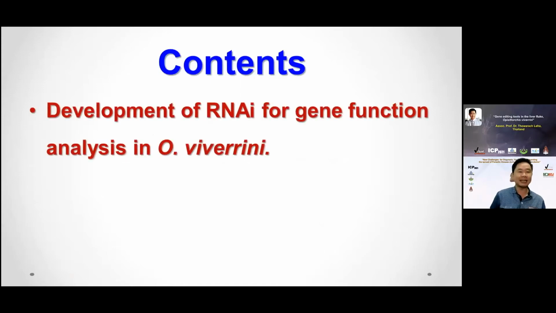Today's content is not only the gene editing tool. In the past 10 years, I have been working on functional genomic tools in the liver fluke Opisthorchis viverrini. I started with RNA interference, so today I'm going to talk about the development of RNA interference for gene function analysis as well.